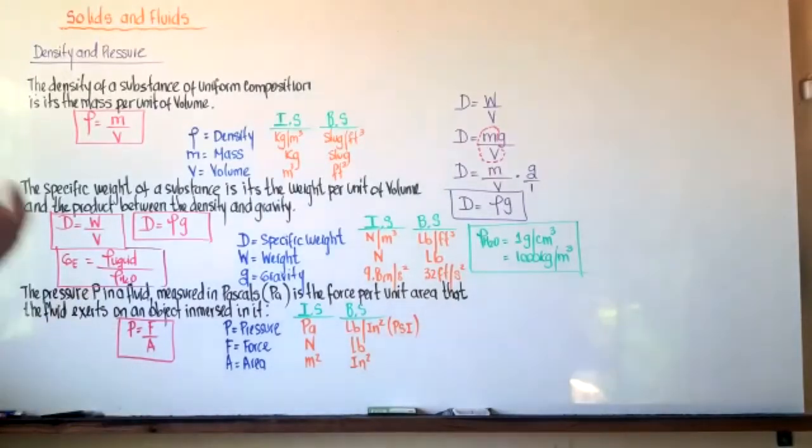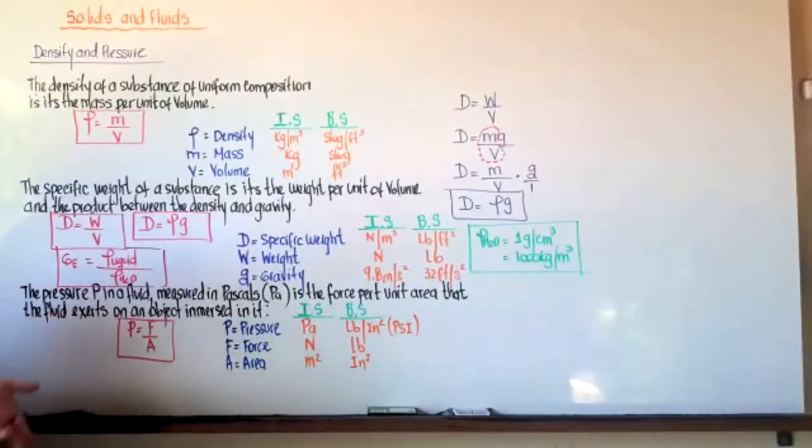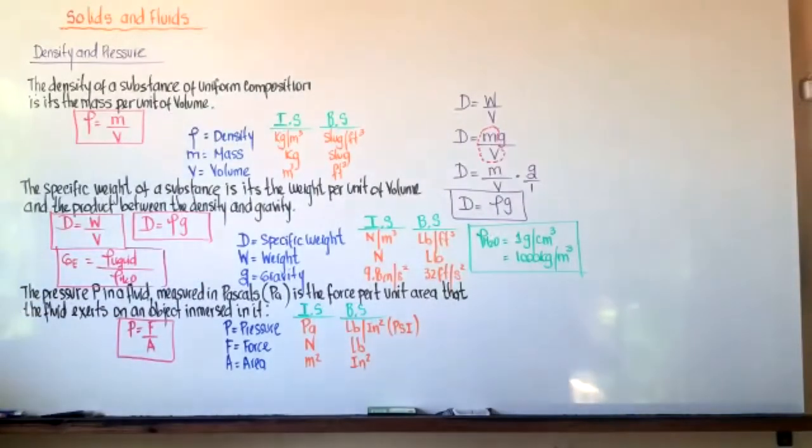In Spanish it means densidad relativa. Relative density is the relationship between the density of any liquid divided by the density of water. In physics, it is the same situation. Specific gravity and relative density are both the same.